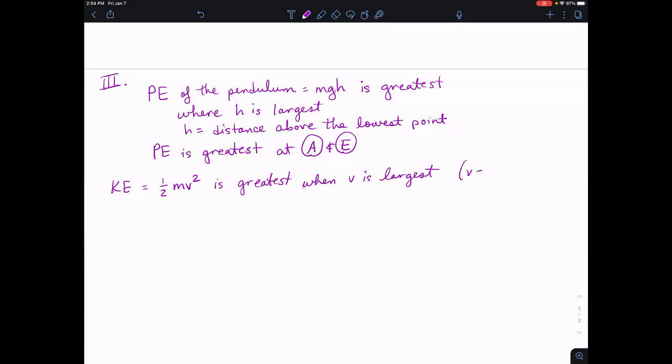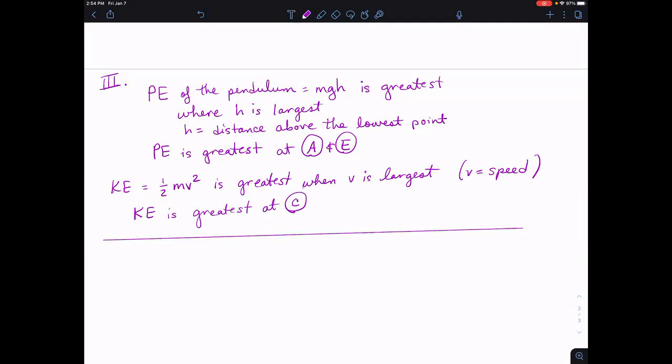So v is equal to the speed. It's a v because it could also be velocity. Okay, so that means that where is this pendulum moving the fastest? It's moving the fastest at C, the bottom of the arc. This is the pendulum.